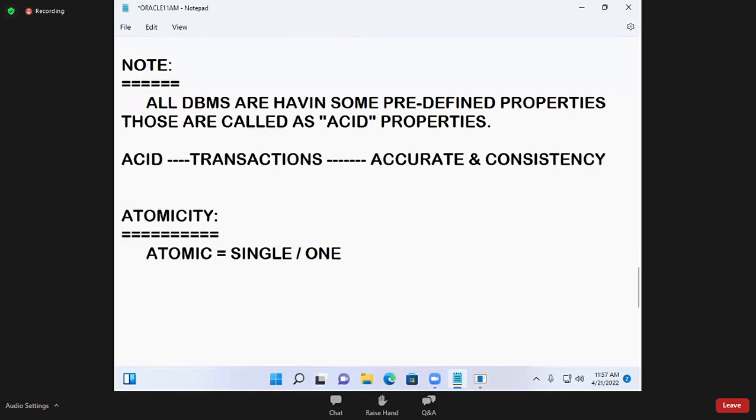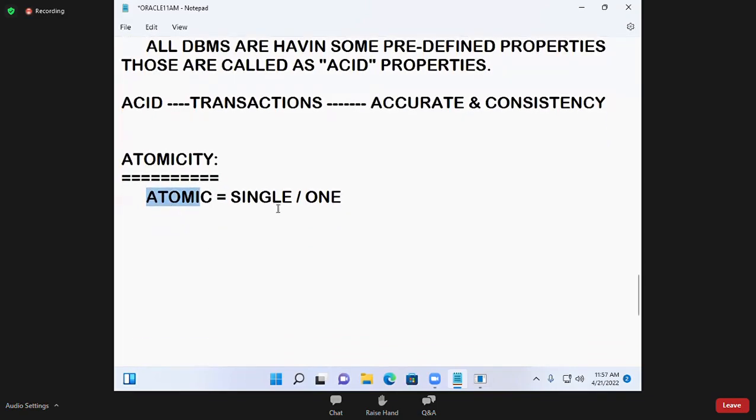First of all, understand the meaning of atomic, then you can easily understand the concept. Atomic is nothing but single, only one. Multiple is not the meaning.